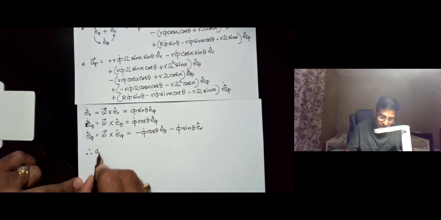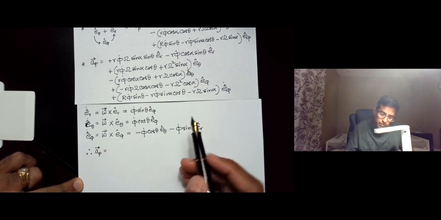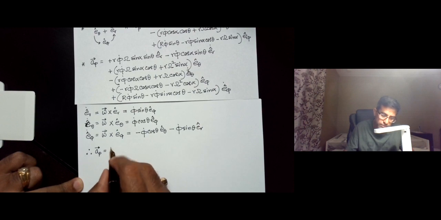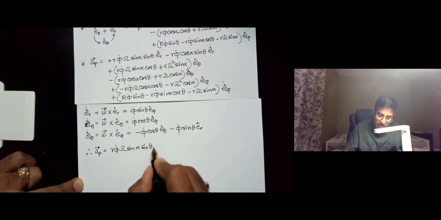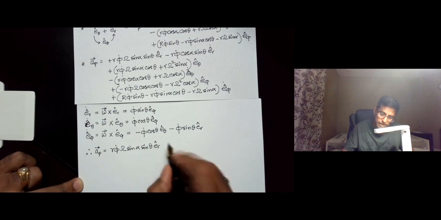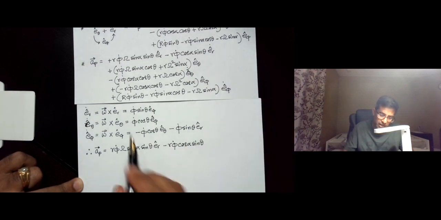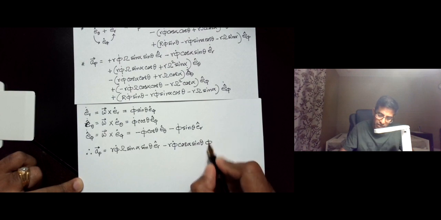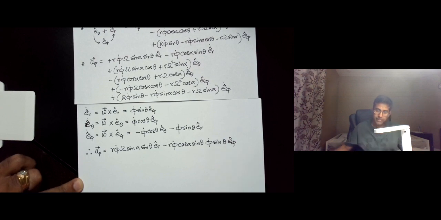So therefore AP is going to be equal to r phi dot capital Omega sine alpha sine theta ER minus r phi dot cosine alpha sine theta, and ER dot is going to be phi dot sine theta E phi. Right, so we have made that substitution.